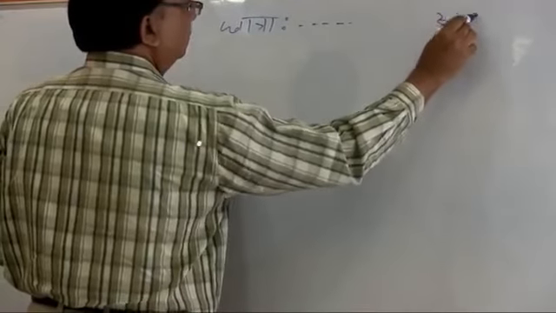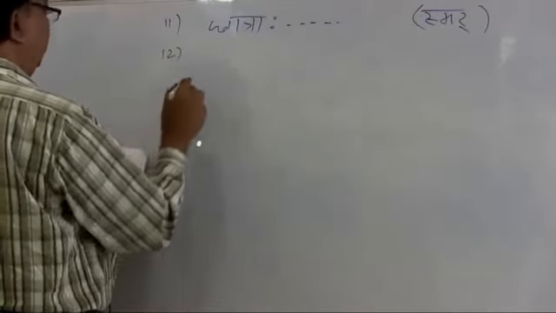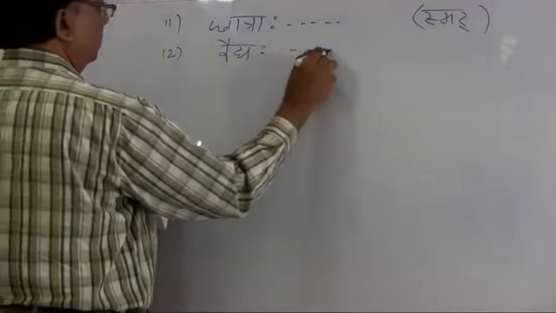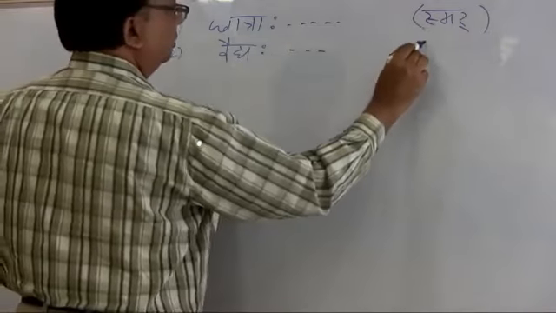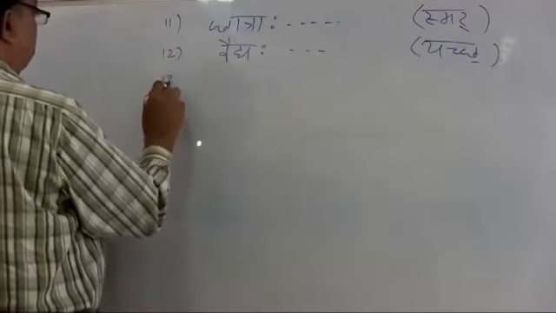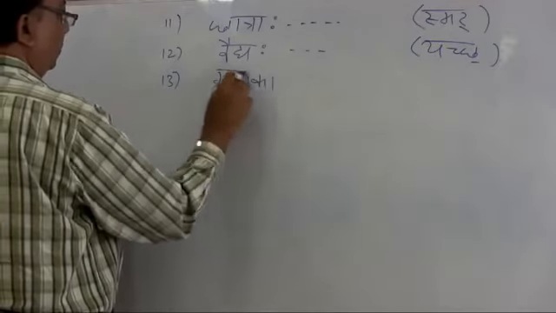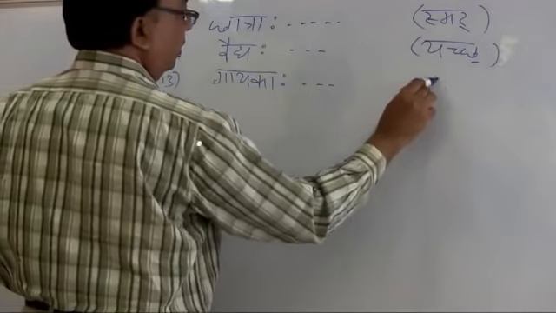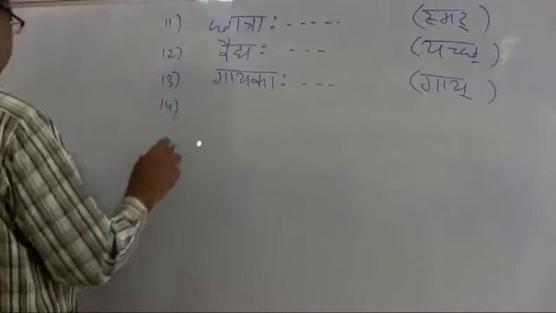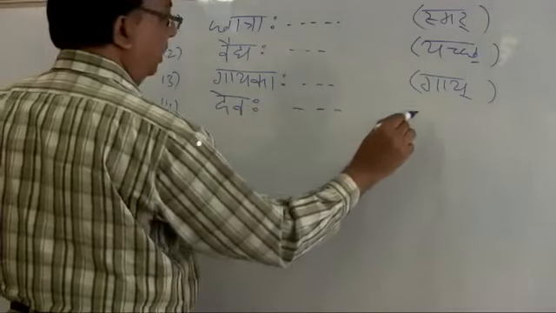Smara, the verb to be used, is given as smara. 12th is given Vaidyaha, Yacha. 13th one, Gayakaha, Gaya is the verb to be used in imperative mode. 14th one Devaha, Palaya is given.